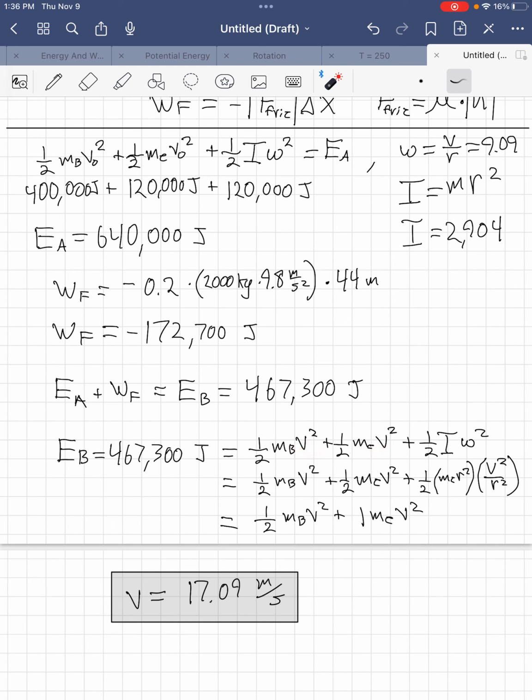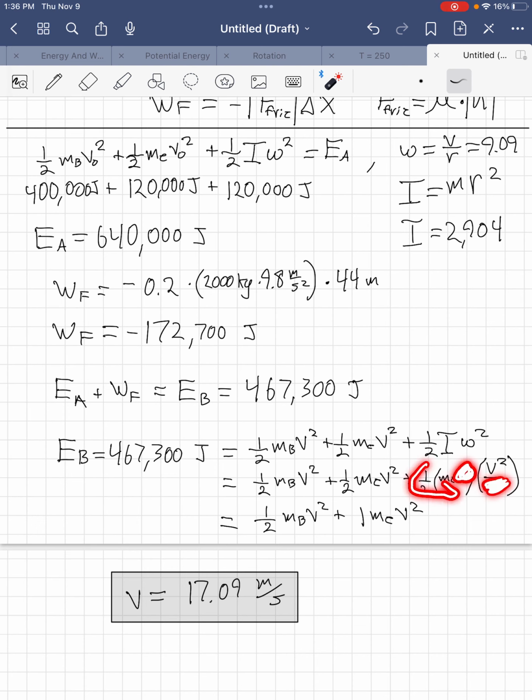So we make this quick substitution again for the rotational velocity. Rotational velocity squared is going to equal the translational velocity squared divided by the radius squared. And the moment of inertia is going to equal mass times radius squared. So you can see radius squared is going to cancel with radius squared there. And what you're left with is actually, look, you have 1/2 mass times v squared.